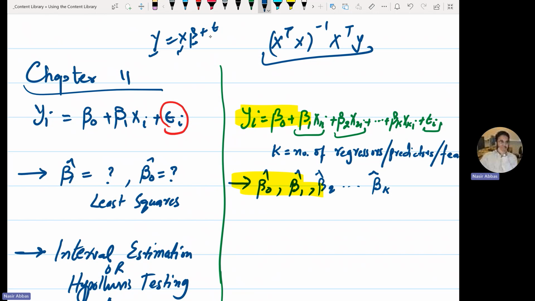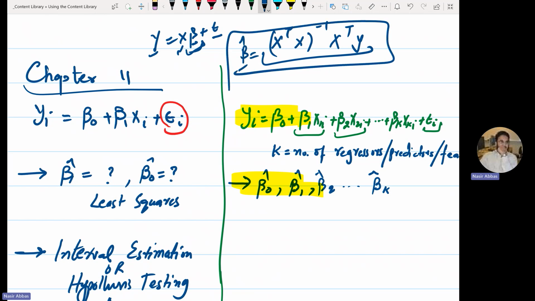X is a matrix, beta is a vector, epsilon is a vector. And then we solve for this beta vector, and the solution for this beta vector comes out to be this, X transpose X whole inverse X transpose y. We find it, we plug it into the model, and then write the model back into the scalar notation. But that whole thing is missing. You don't need to care about that one.